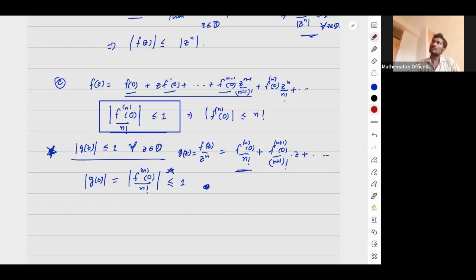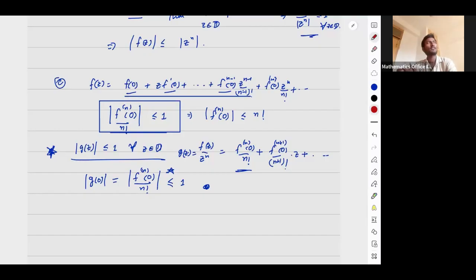So now g does not have a zero. What can we do? What if we take g(z) equal to f(z) divided by z to the power n minus 1? Then it has a simple zero at 0.